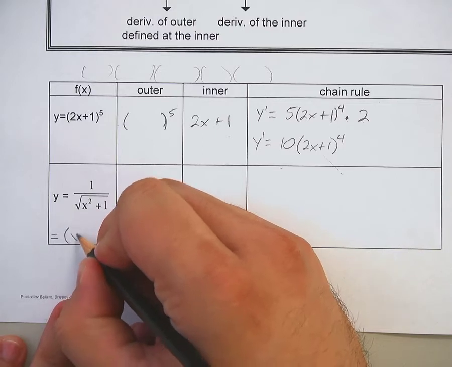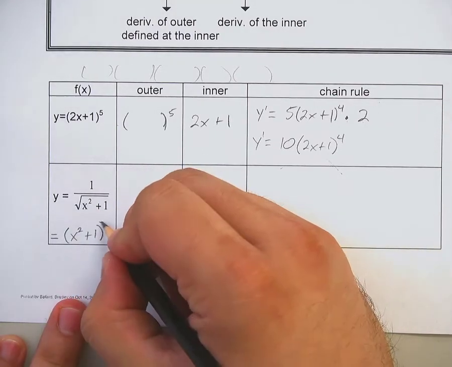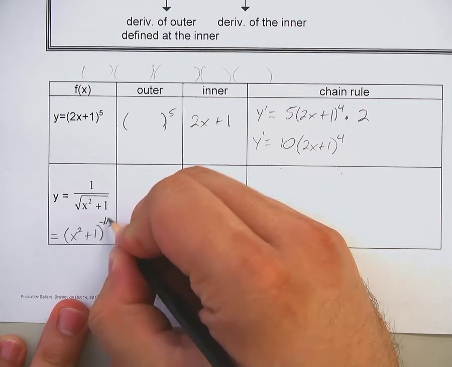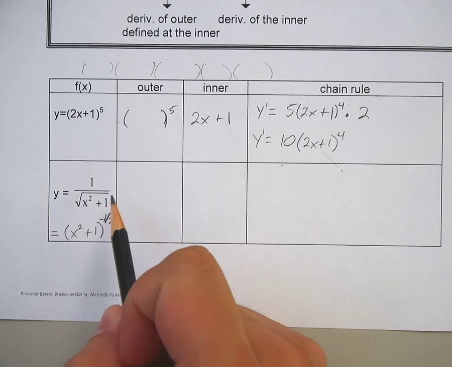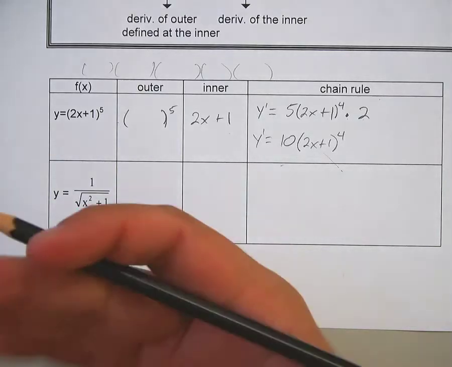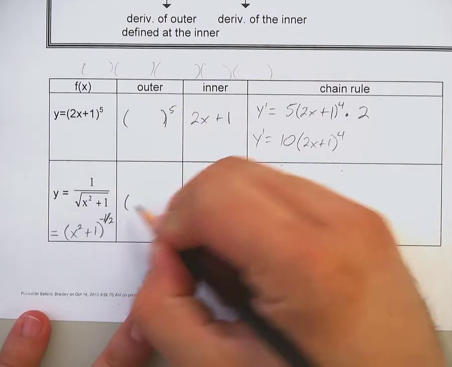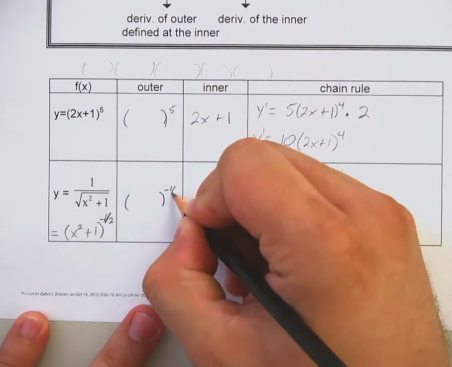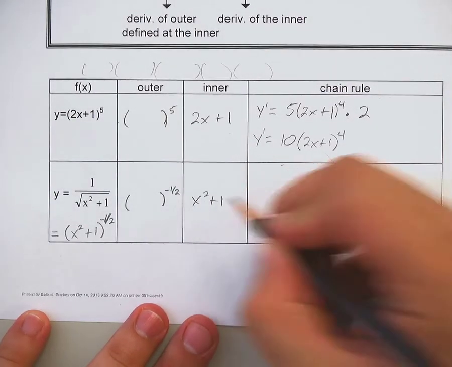This is going to be x squared plus 1 to the negative 1/2 power, right? X squared plus 1 to the 1/2 is in the denominator, so we make it negative and it draws it up top. So that just made my problem a lot less complicated, a lot more simplistic, because my outside now is a negative 1/2. My inside is x squared plus 1.